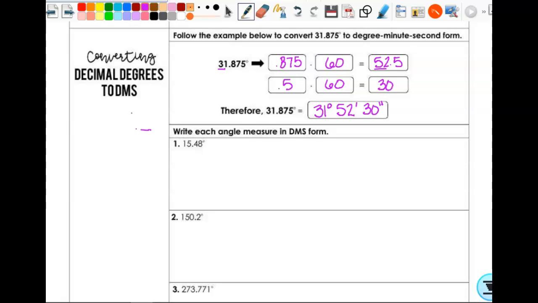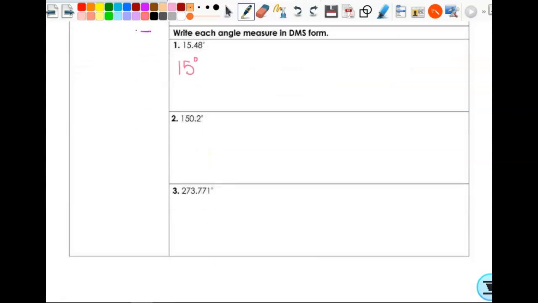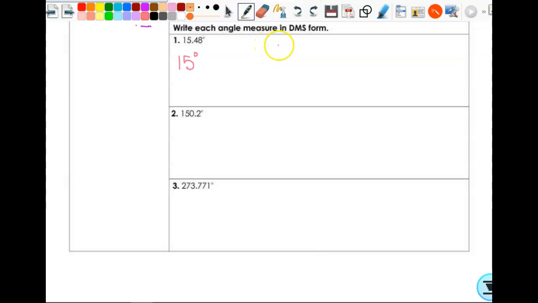All right. So let's look at number 1. We've got 15.48 degrees. So I know that this is going to be 15 degrees. Then I'm going to take that 0.48 and multiply it by 60. When I do that, I'm going to get 28.8.